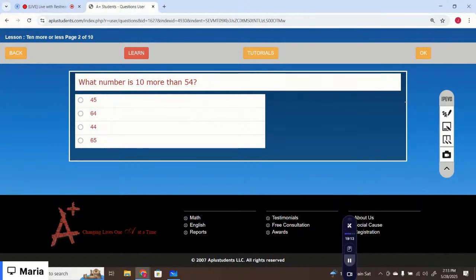What number is 10 more than 54? So 10 more than 54 is, which is the correct option.